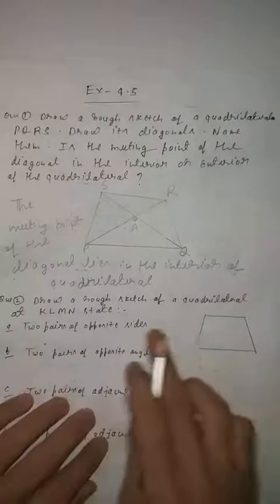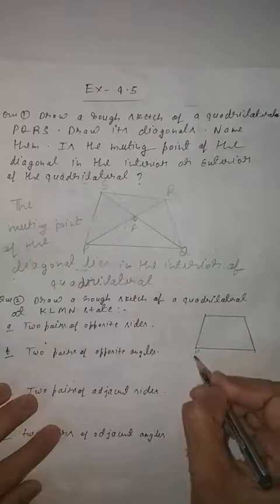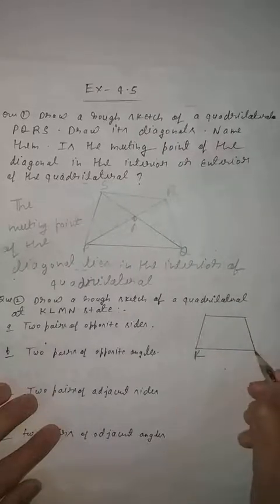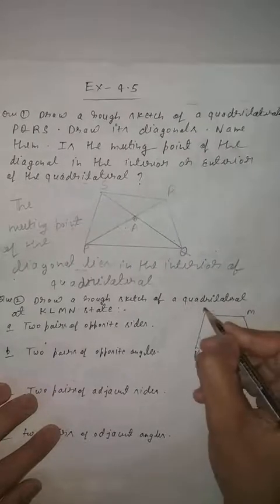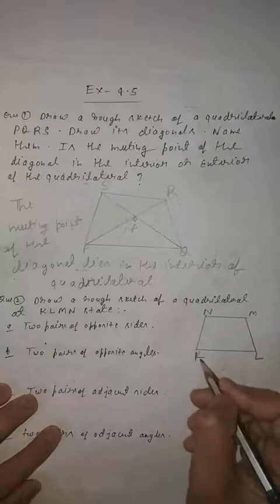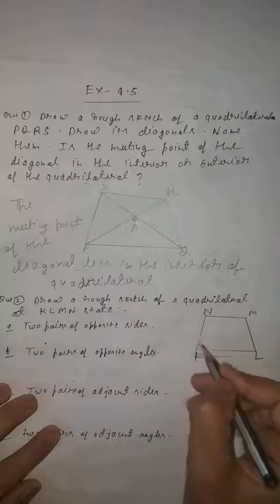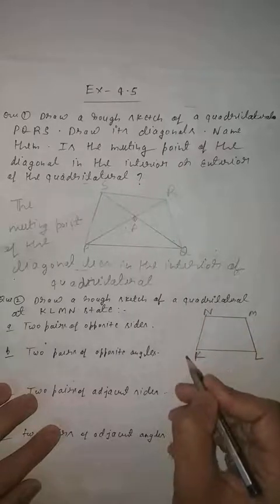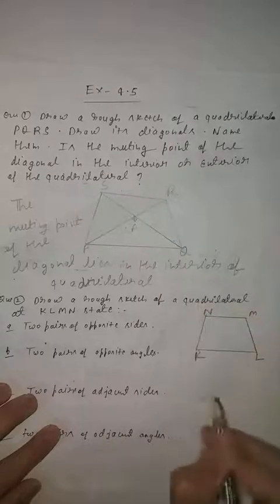Write down K, L, M, N. Acha, one important thing: it is not necessary that I am starting here at K, so you also start from K. You can start from anywhere, K L M N.